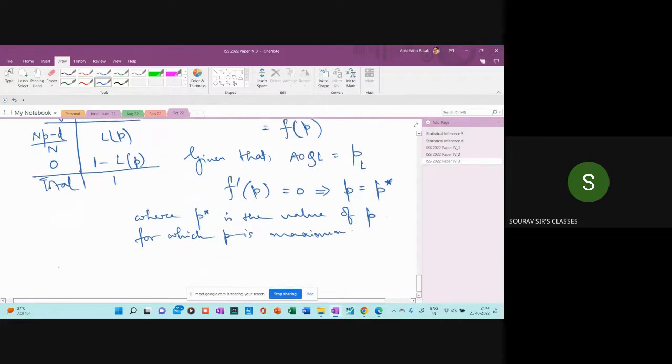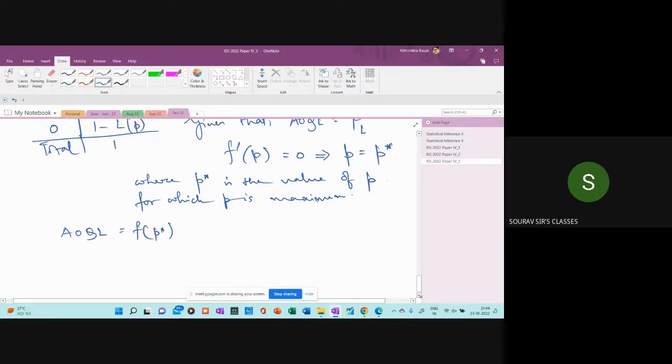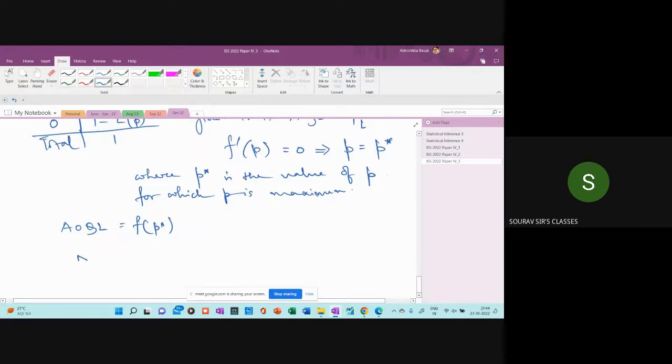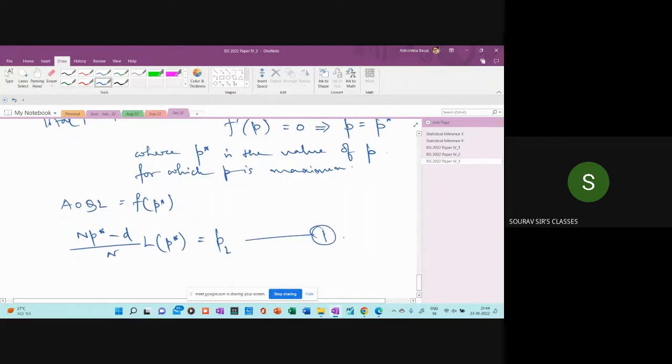Okay, so this AOQL is equal to F of P star, and that is actually my (N minus n)P star minus D by N into L of P star, equal to P L. This is my equation 1. So this is how we get equation 1.